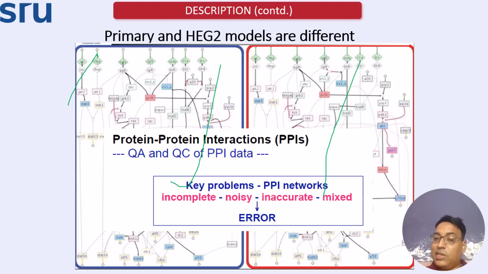Or SPR experiments, surface plasmon resonance, or basic chromatography experiments, or colorimetric experiments, to see whether these proteins are interacting or not. So there is actually so much coming up.